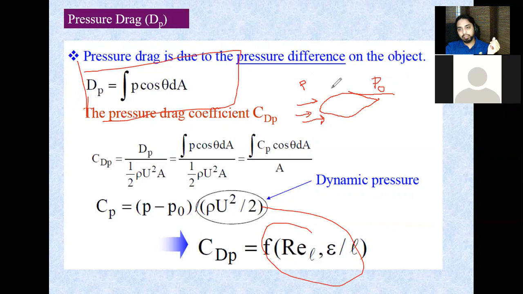And this delta P between the front and the back will create drag also, as well as the friction. But for the drag due to this pressure distribution, you can see it is P minus P0. That is what causes the body to be dragged.